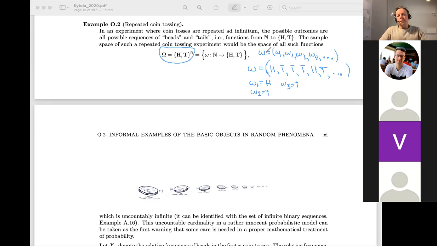Okay, and now we see that omega is a list. It's an ordered list of elements: omega 1, omega 2, omega 3, and so on.